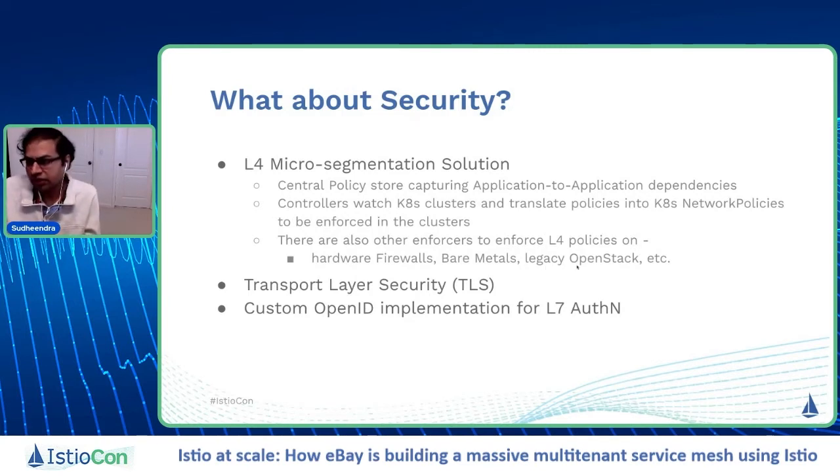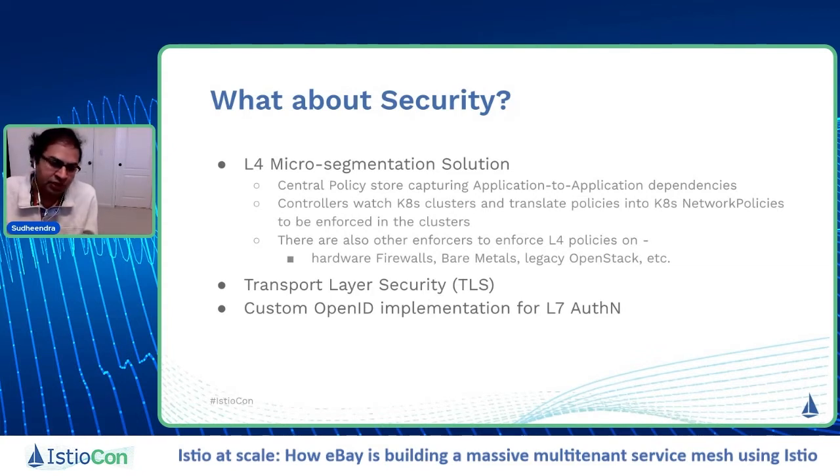And we also have TLS for transport security. Today these are implemented in a variety of ways. In some cases, the applications implement TLS. In some cases, we have a statically configured Envoy, which is co-located with the application and takes care of handling TLS and all the aspects of certificate rotation.